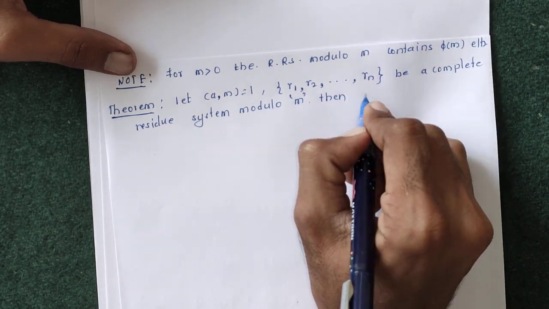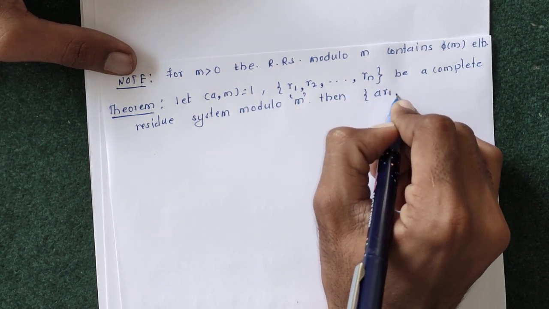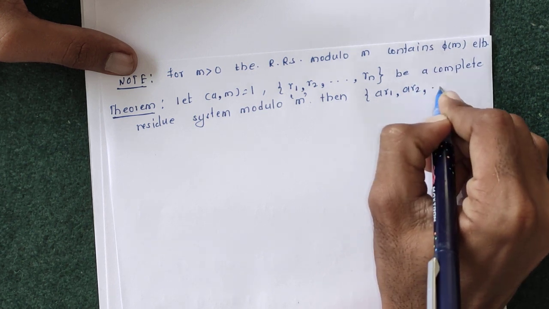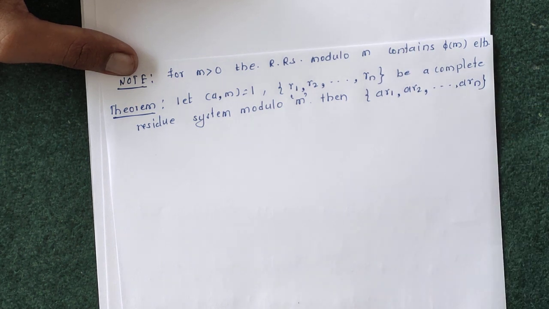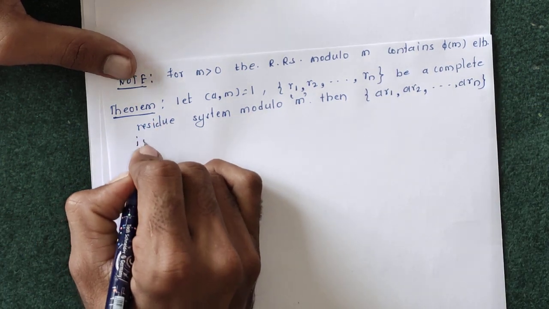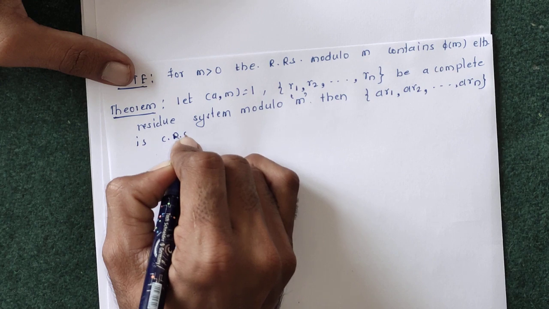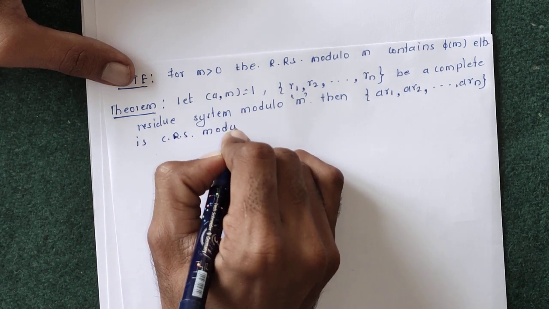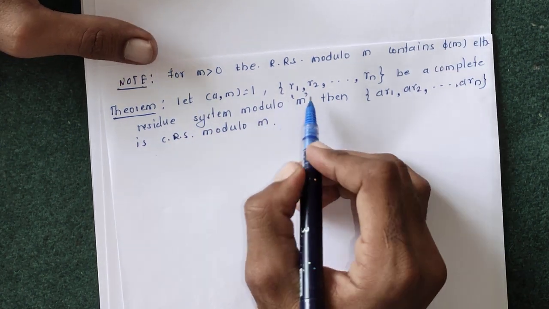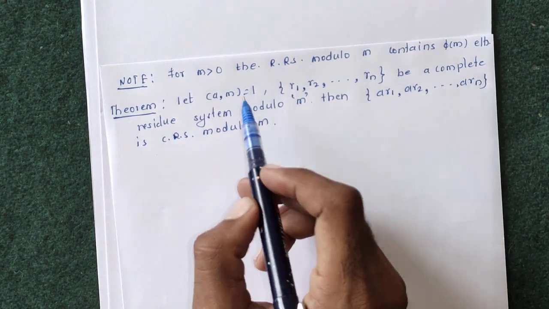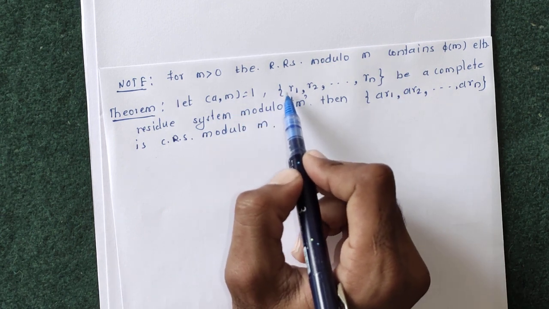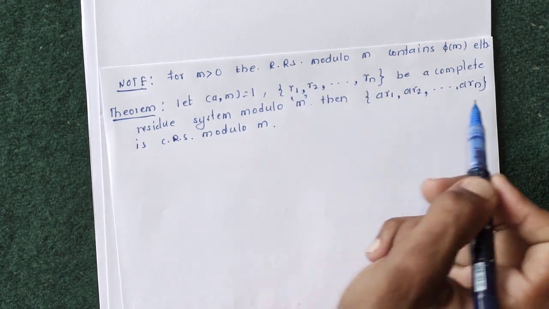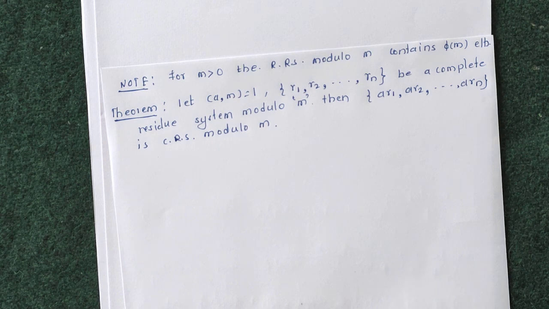Then a r1, a r2, up to a rn is a complete residue system modulo m. If r1, r2, up to rn is a complete residue system and GCD of a and m is equal to 1, then multiplying each integer by the number a, that is a r1, a r2, up to a rn, gives us a complete residue system under modulo m.